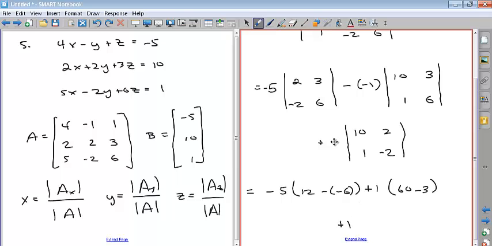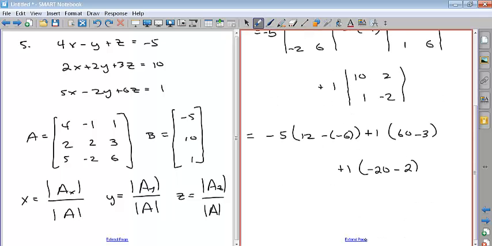And then you got plus 1 here. And 10 times negative 2 is negative 20. And then you subtract 2 times 1. So you get negative 5 times 18 plus 1 times 57 plus 1 times negative 22.